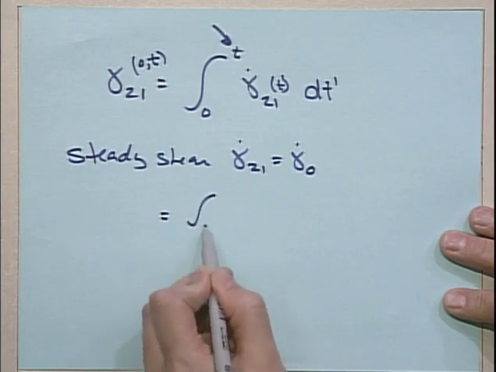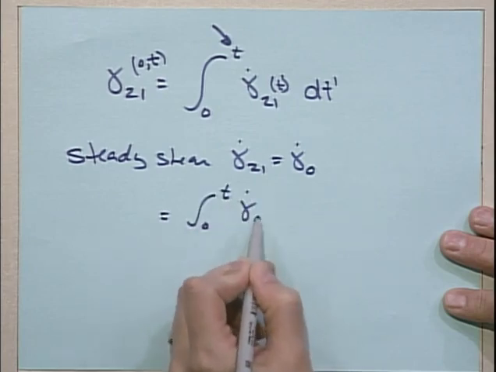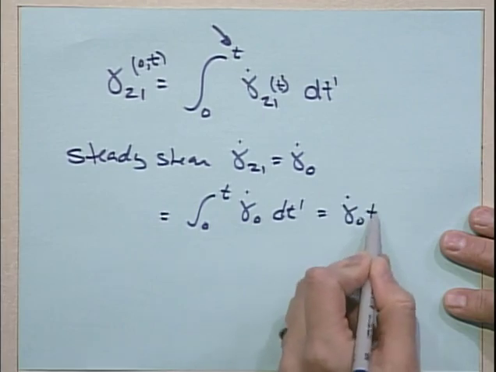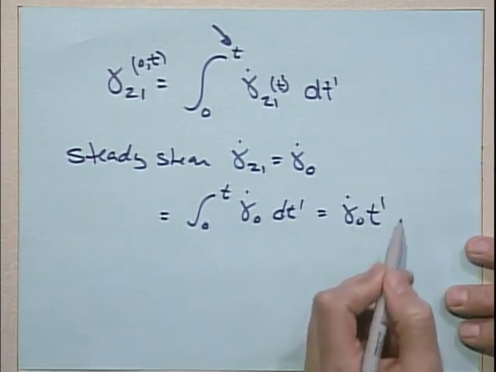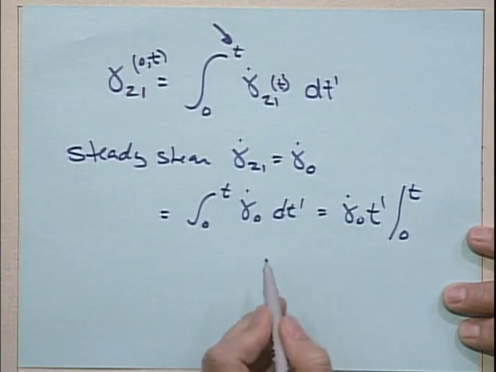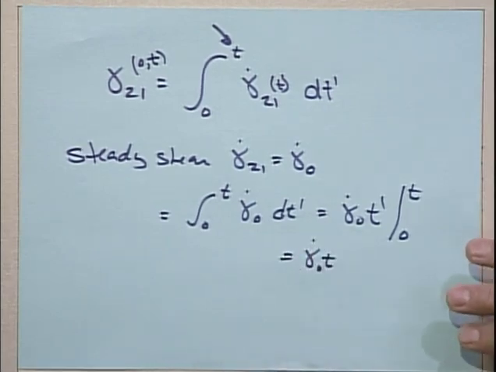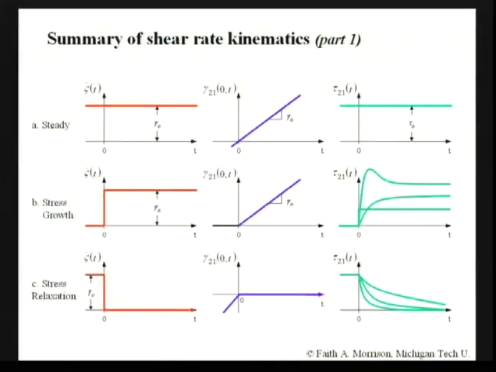And so we get the integral from 0 to t of a constant, which means we get the constant times the variable we're integrating over. We evaluate it by the limits, and we get gamma dot naught t, which is what we sketched here. So for all time, the strain between time 0 and time t is just gamma dot t.